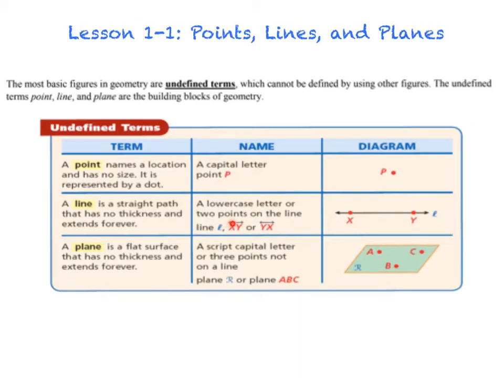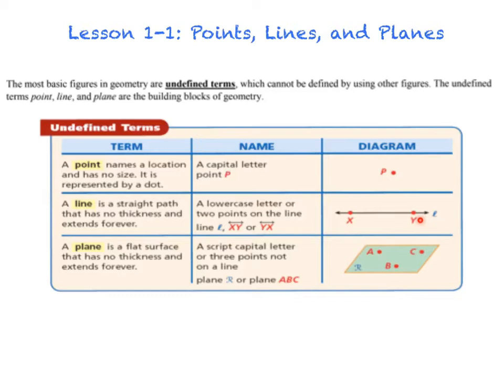Just because we're calling it line XY doesn't mean X and Y are the only points on this line. There are infinite amounts of points on this line. X and Y are just two of them. But because those two points exist on the line, we're allowed to call the line XY or line YX.